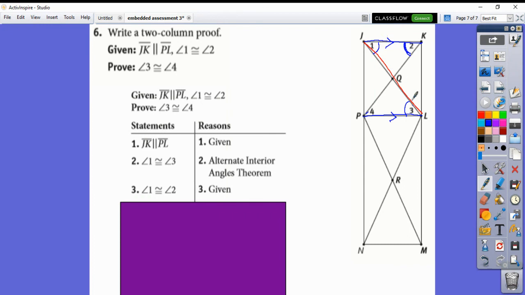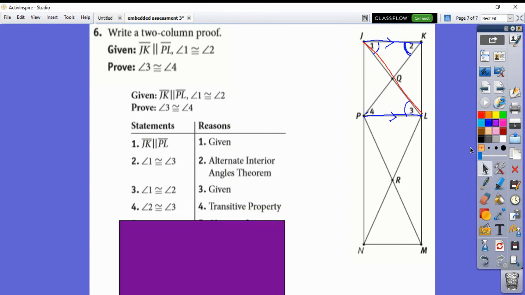If angle 1 is congruent to angle 3, and angle 1 is also congruent to angle 2, well, the only way this is going to work where all three of these angles are congruent to each other is if angle 2 and angle 3 are congruent. And we know that that's true because of the transitive property. Angle 1 is congruent to both angle 2 and angle 3. Therefore, angle 2 and angle 3 must be congruent to each other.